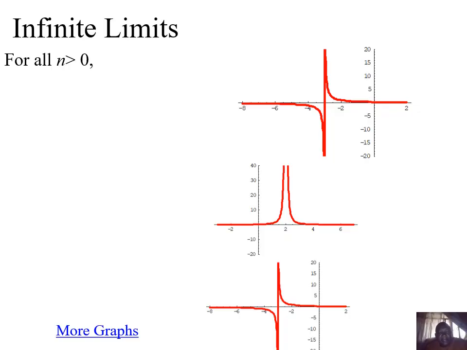But when n is odd, from the left of a, it is negative, and it is positive when n is even. So please note the difference between these two formulas, so that you know when the infinite limit is infinity for odd n and for even n. And you have the graph there.